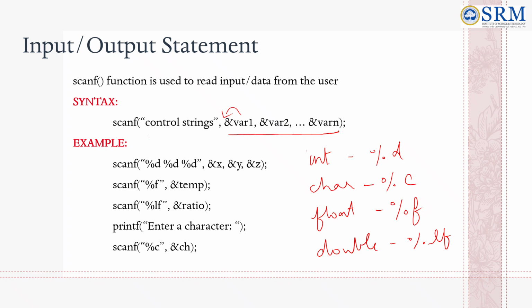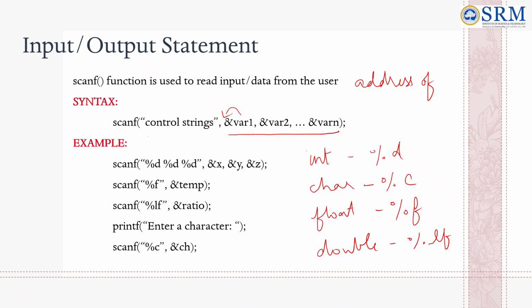Ampersand is nothing but the address of operator, which gives you the address of the variable in your computer memory. Just like the house where we live has an address, in the same manner your computer memory where we store data has some address locations.